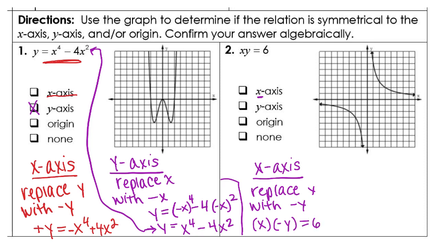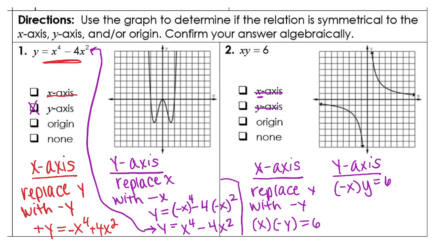That is not the same equation that I started with, so the x-axis is out. Then we look at the y-axis, and for the y-axis we replace x with negative x. Again, it is not going to give us the original.